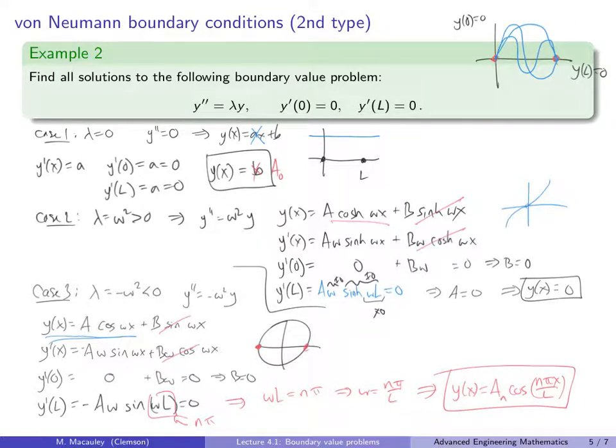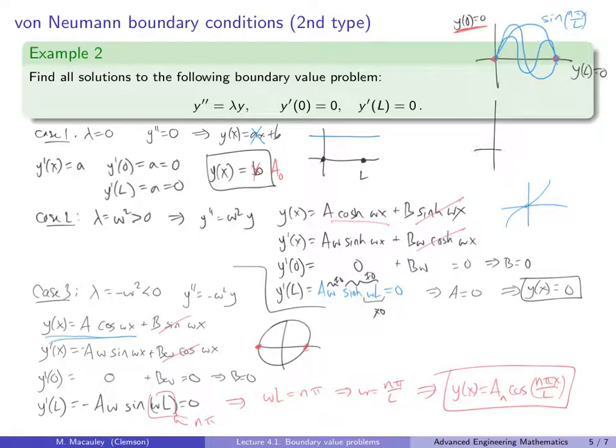So these were sine of n pi x over L. Because this first condition, once we said y of 0 equals 0, we know our solution is going to be sines and cosines. But when we specify this, we had killed off all of the cosines. So the a went to 0, and all we got were sines. And then the second condition told us what omega had to be, because it said it has to come all the way back down to here.